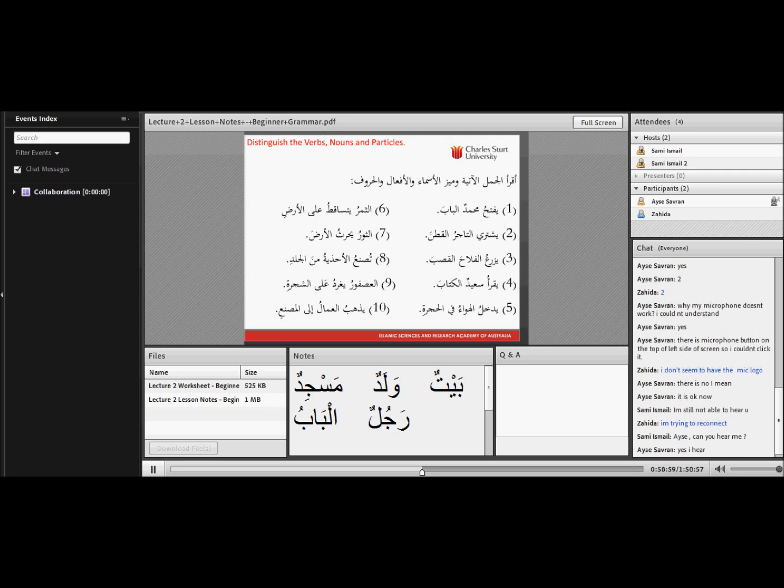The whole sentence, all of them. Muhammad is ism. يفتح is fi'l مضارع. الباب is noun and مفعول. Yep, inshallah. It's just because we haven't done the fa'il and maf'ul bihi yet. That's why if we mention it, some other people might not understand it.